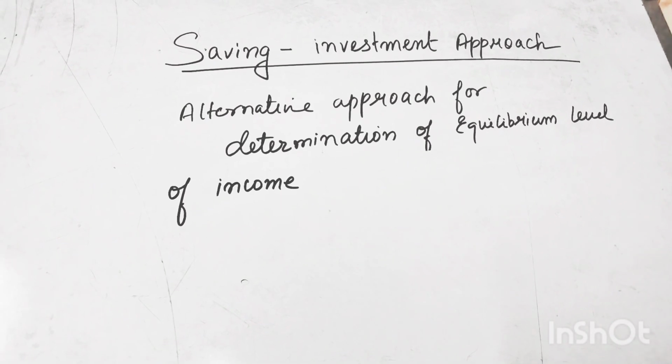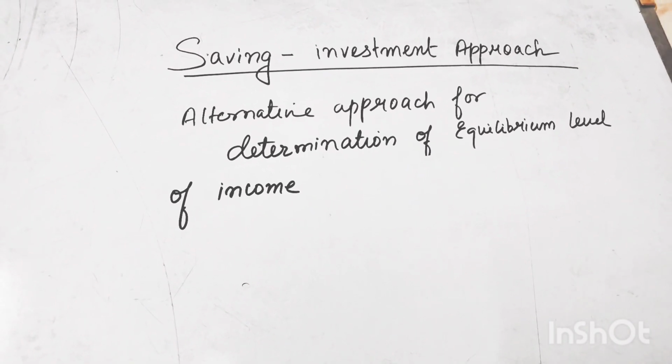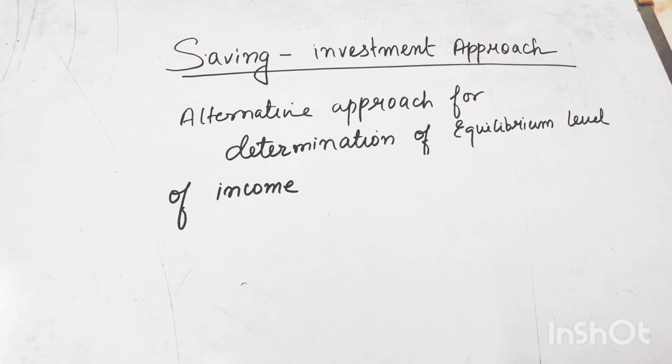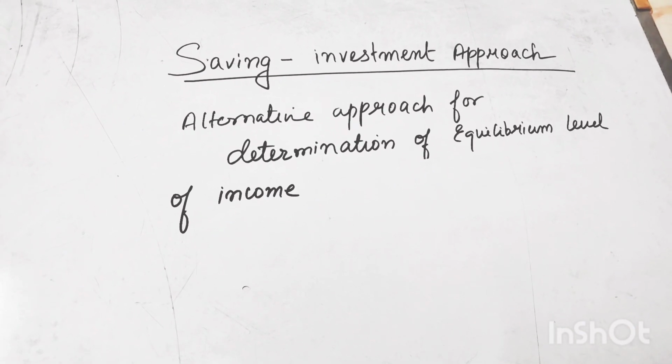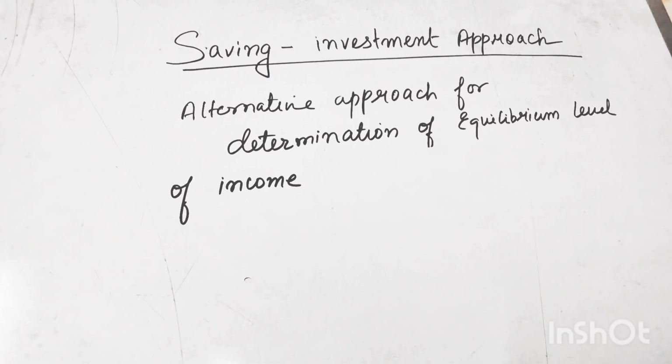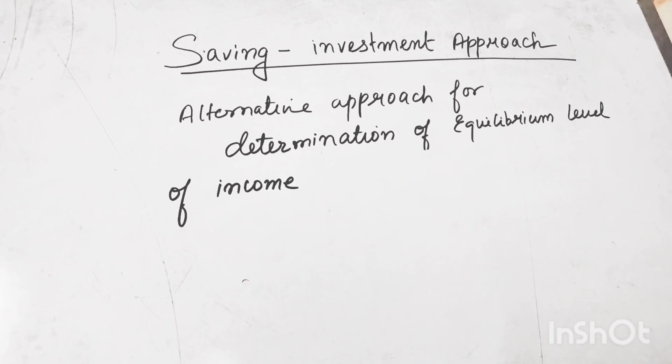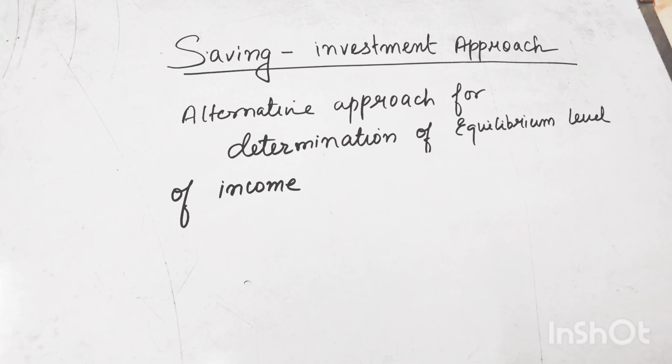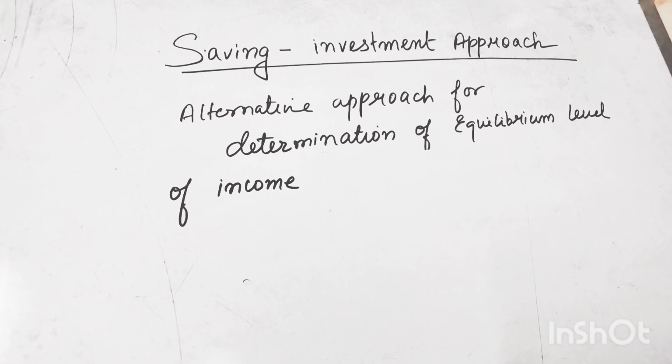We are going to discuss this saving investment approach. This is an alternative approach to determine the equilibrium level of income. So for this reason, let us draw the diagram and then we are going to determine it.